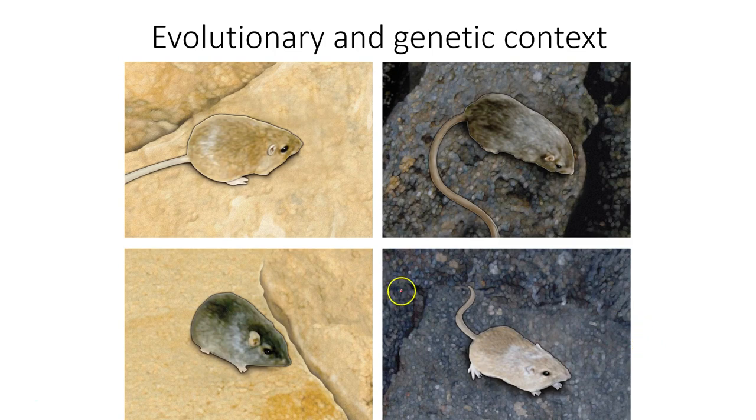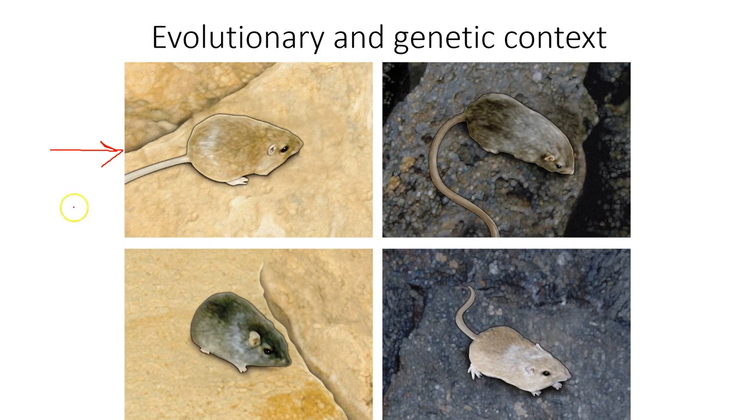So colors that blend into the environment, as shown in these two panels up here, the brown with the light beige background and the black with the lava background, are better hidden from possible predators and can therefore be protected from situations where they could die.